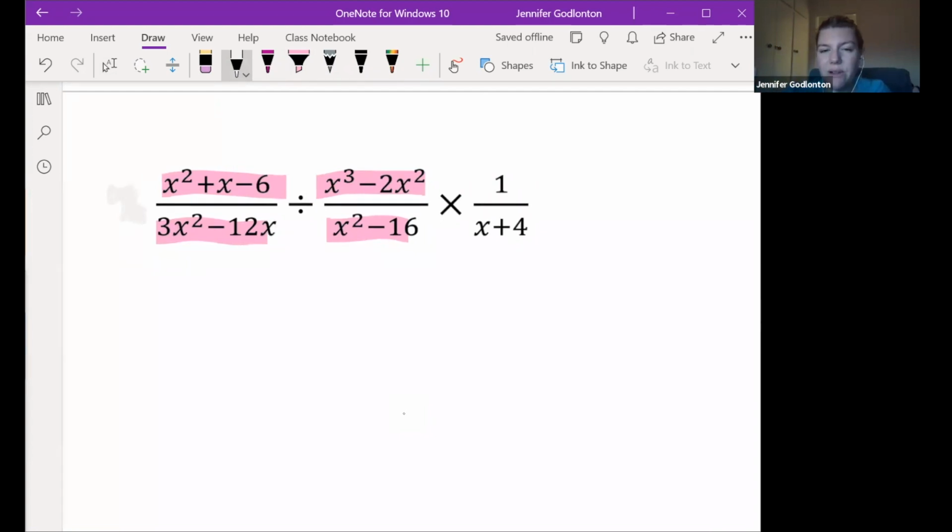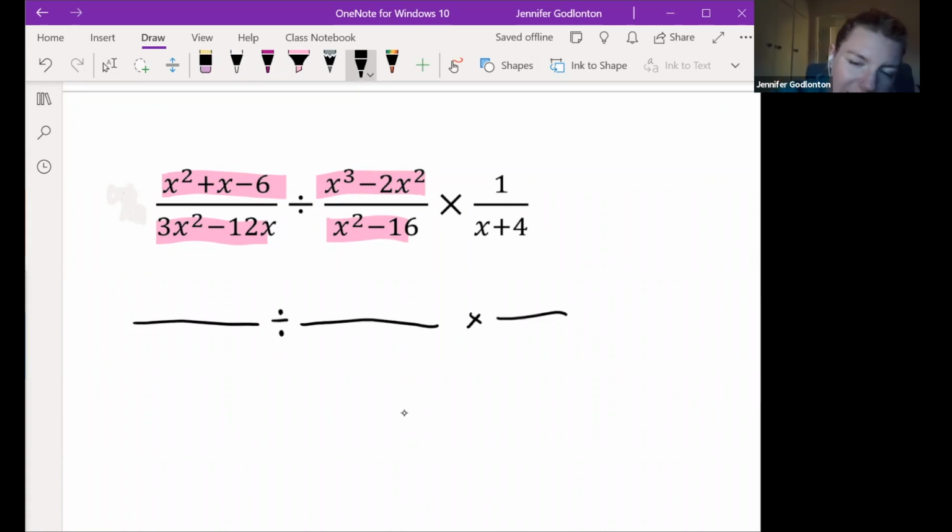The only thing I want you to do is factorize those 4 things. Keep everything else the same. So I want you to have the same divide sign there, the same times sign here. This would be a fraction, this will be a fraction, and this will be a fraction. I just want you to factorize those 4 things. And this is going to be 1 over x plus 4.